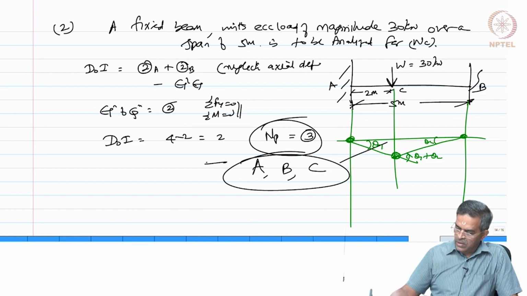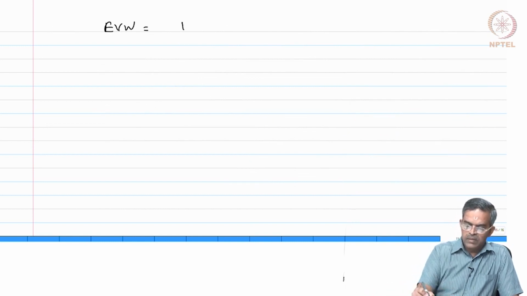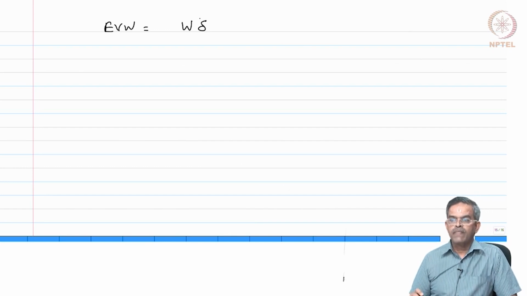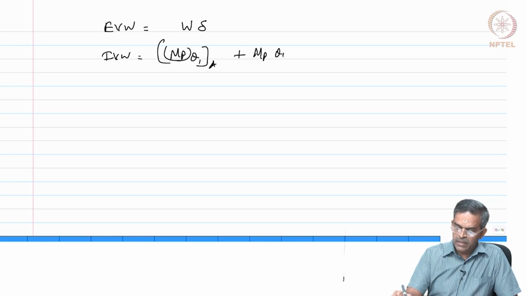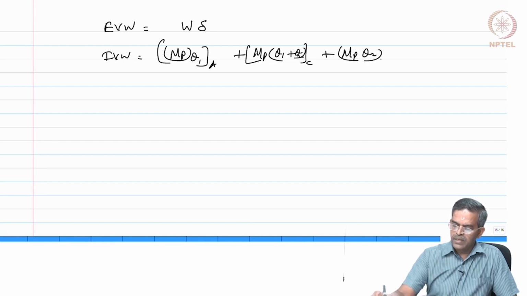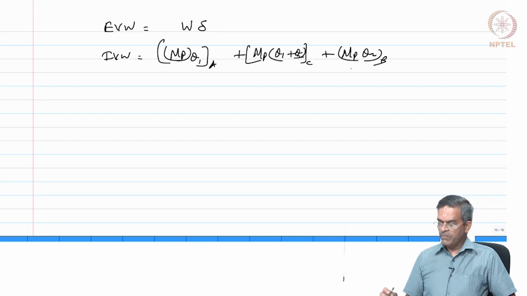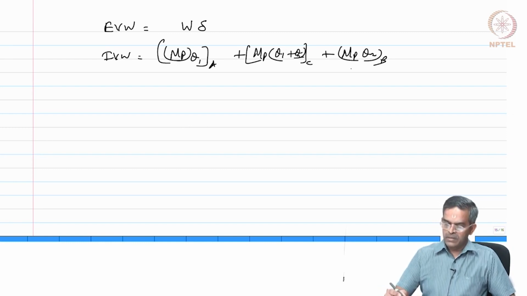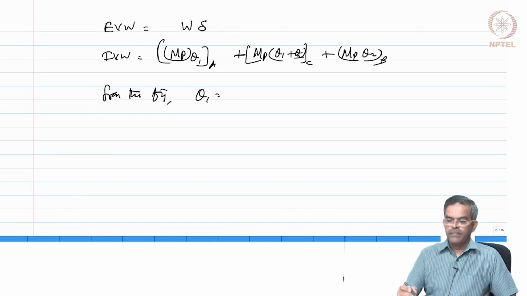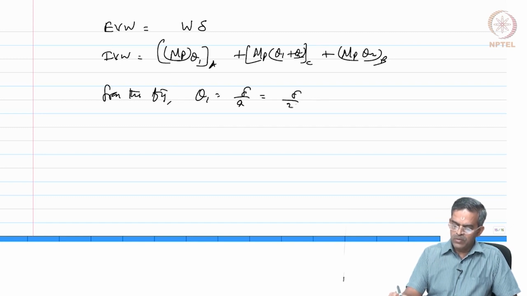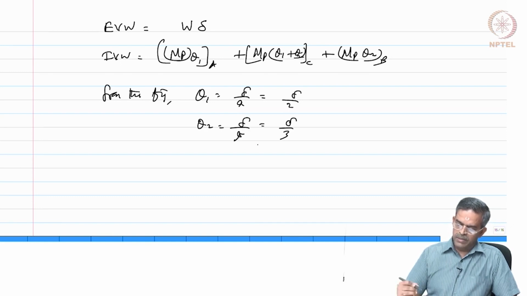So, I could say now the external virtual work is W into del, internal virtual work is MP into theta 1 which is at A plus MP into theta 1 plus theta 2 which is at C plus MP into theta 2 which is at B. So, from the figure one can easily find that theta 1 is del by 2 meters and theta 2 is del by 3 meters.